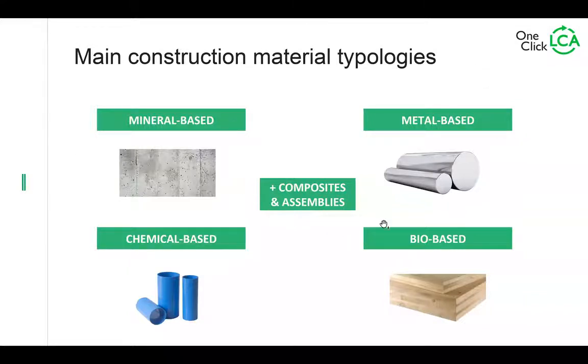And then there's a 5th category, which in a way is largest, not by climate impact, but by number of SKUs: the composites and assemblies combining multiple materials. We're just going to dive into these a bit, looking at them from a few different angles to give you an overview of what kind of things we are dealing with here, why you need to care about it, and what to pay attention to.